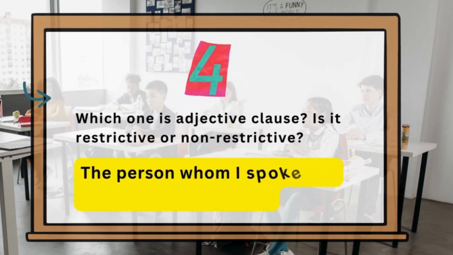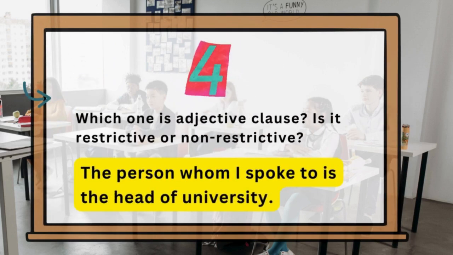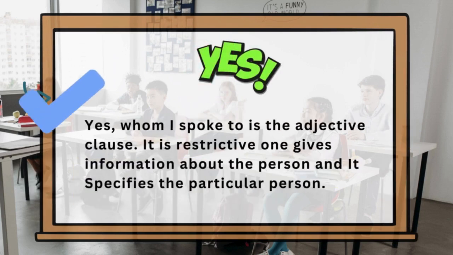Number 4. Which one is adjective clause? Is it restrictive or non-restrictive? Yes, whom I spoke to is adjective clause. It is restrictive one. It gives information about the person and it specifies the particular person.